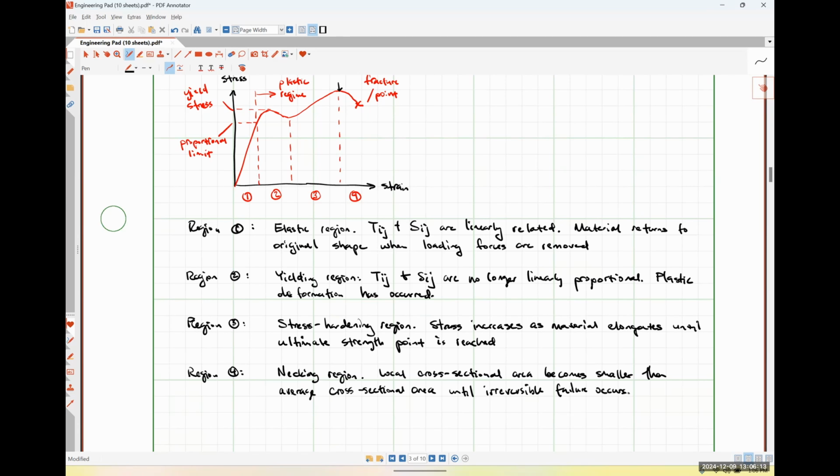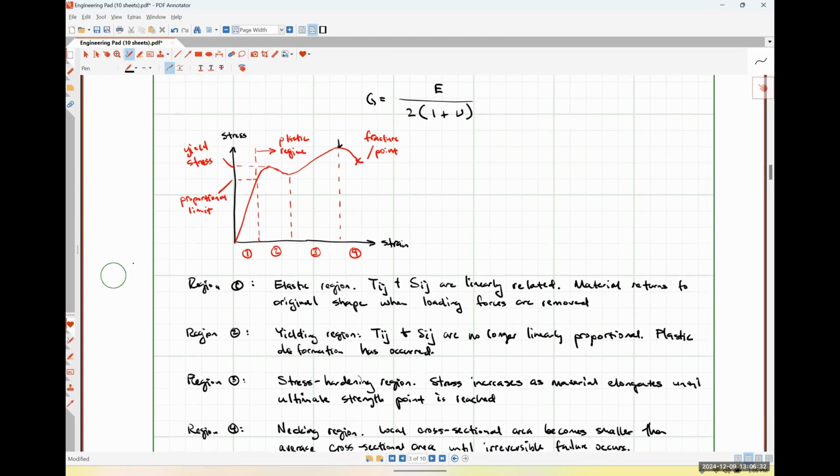And for those of you that had engineering 220 here, you probably actually saw a physical demonstration of this down in ISB 224, I believe, with that machine that literally pulls pieces of metal apart and all that kind of good stuff. So this is our general graph, okay? Now, silicon is a very brittle material.